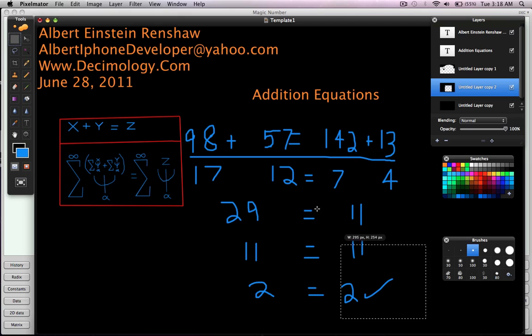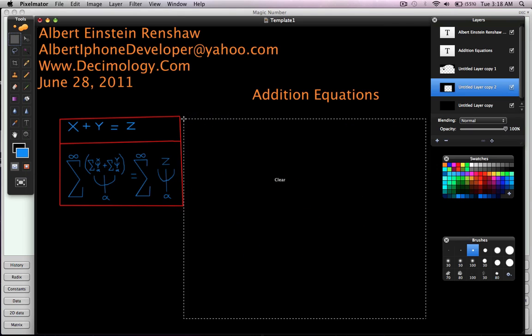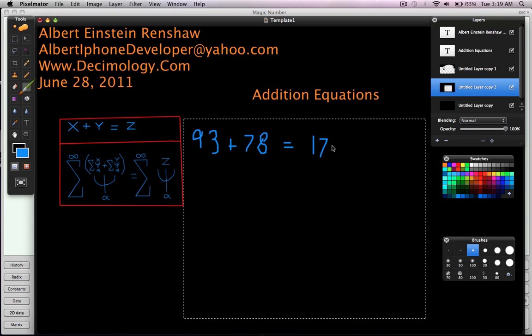And the other interesting variation is using digit notation. Let me give you an example of 93 plus 78 equals, and that would be 171.